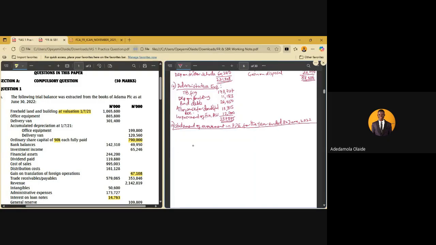So we have land and building, we have office equipment, we have delivery van, and we have total. So we start with the cost section. Cost or valuation. Let me do it that way. Cost or valuation as at 1 July 2021, we have this to be what? 1,065,600.